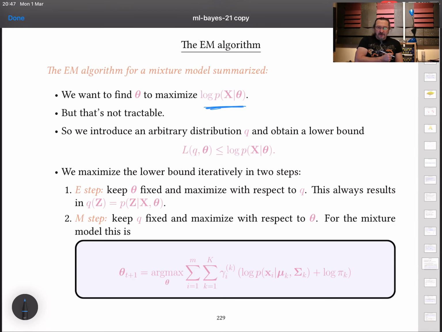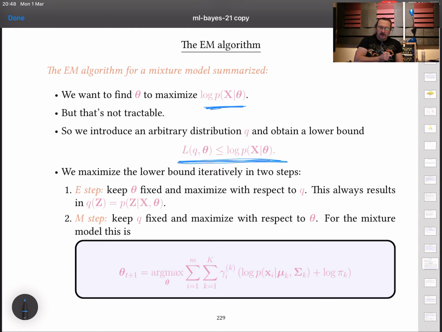So then I introduced a new arbitrary distribution called Q, and that gives us a lower bound. So we try and find a good value of theta that will maximize the right hand side of that bound by iteratively maximizing L on the left hand side of the bound with respect to Q and theta, at each stage holding the other fixed.